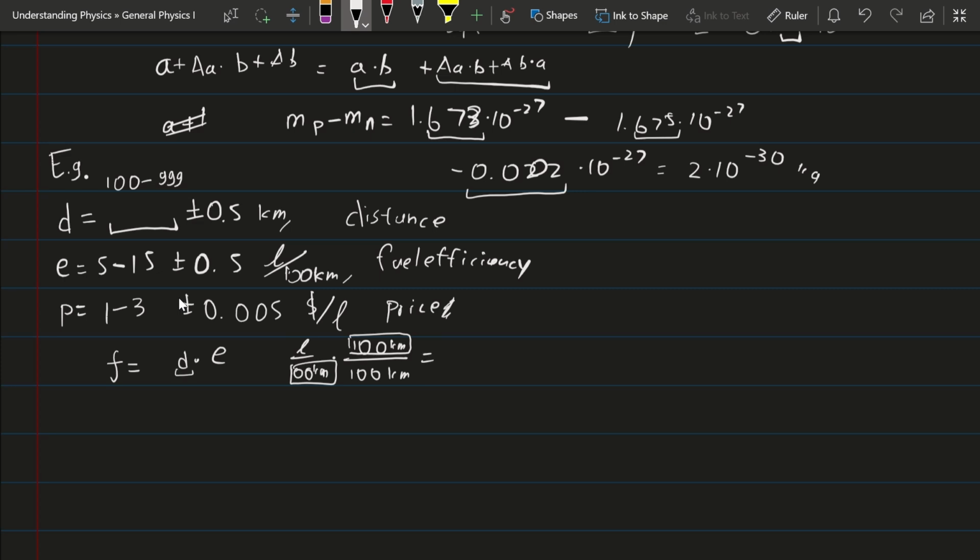Therefore, you could obtain that the formula is d multiplied by e over 100, and this is the fuel that we need to travel from one place to another.